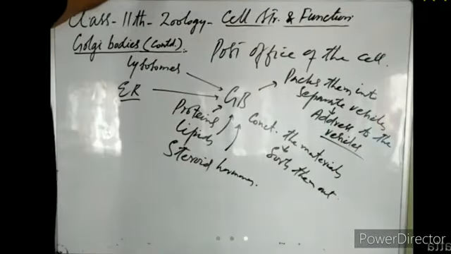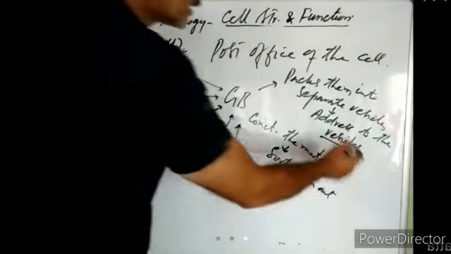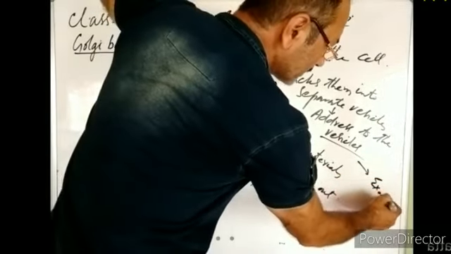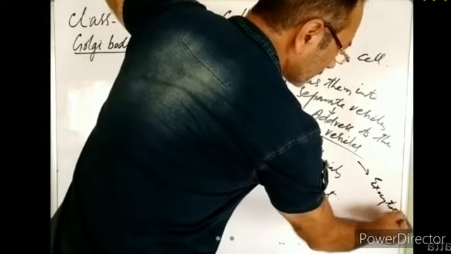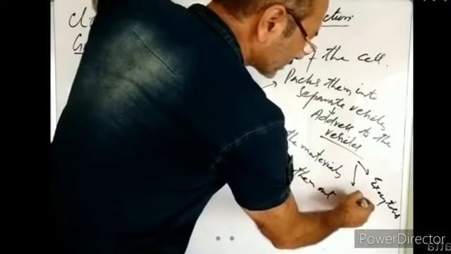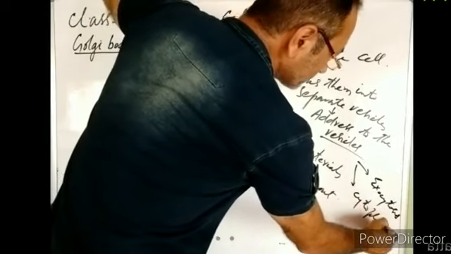So that address to these vesicles is added by Golgi body. And then the vesicles may release their contents out of the cell by exocytosis, or they may release these contents in the cytoplasm of the cell.